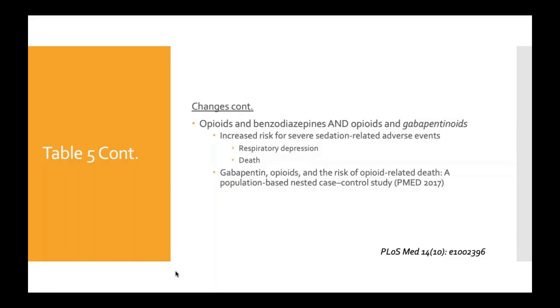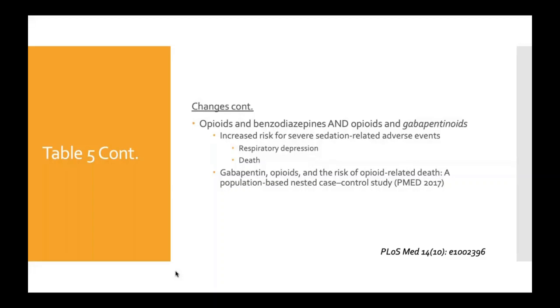There is an exception to this recommendation, and that is for patients who are transitioning from opioid treatment to gabapentin or pregabalin, so if they're doing a cross taper with eventually getting to monotherapy, or if there is like a short course of gabapentin being used to try and reduce opioid dose.